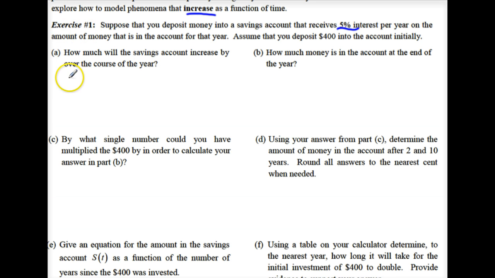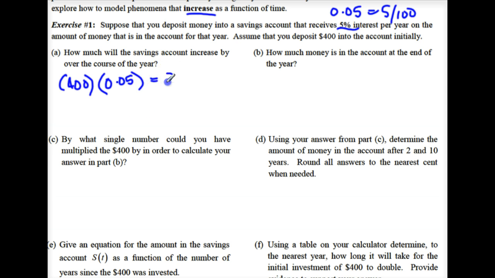So remember, in this year you have $400 and then you know that it's going to be increased at 5%. 5%, remember, we need this as a decimal, which is 0.05, because 5% is 5 out of 100. So it's the 400 that was in my account times the interest that I'm getting, 0.05.